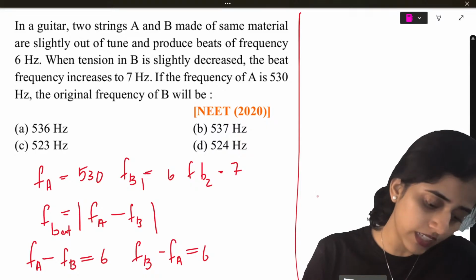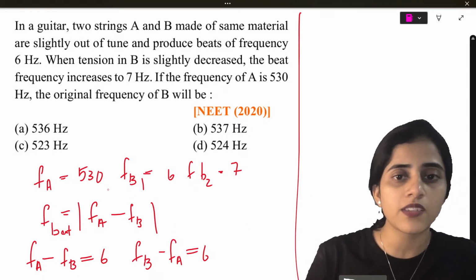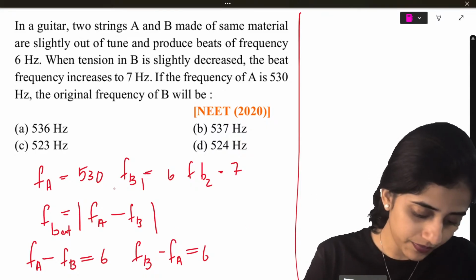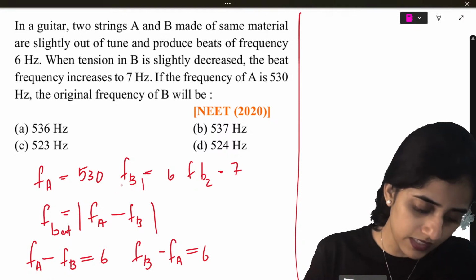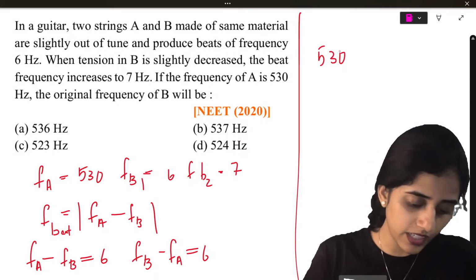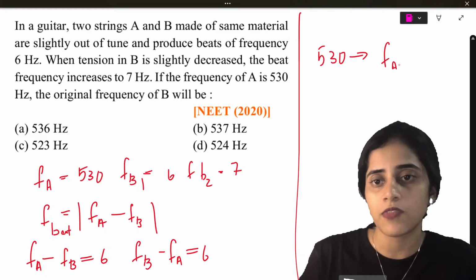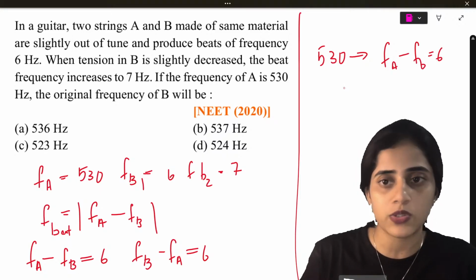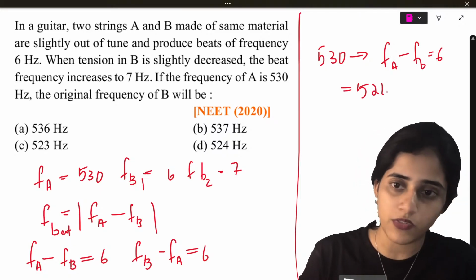So let's take both the cases. So if you subtract 530 minus 6 and 530 plus 6, you will get, if you do F_A minus F_B is equal to 6, you will get 524.